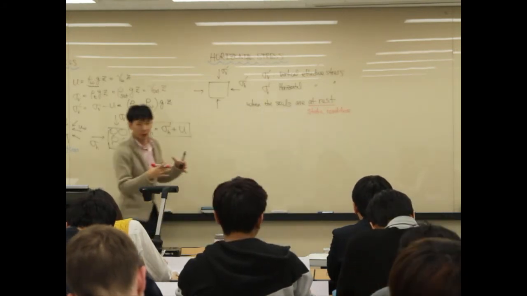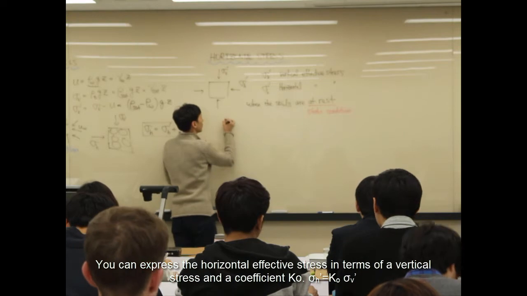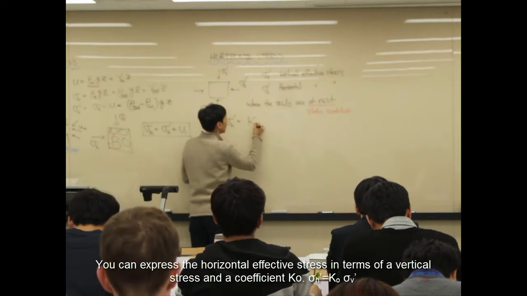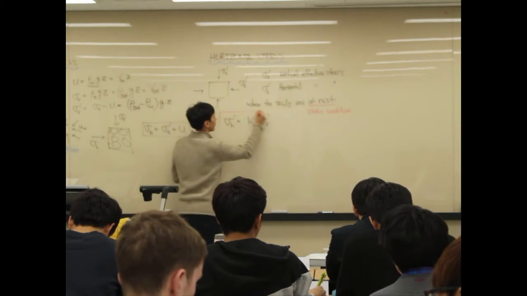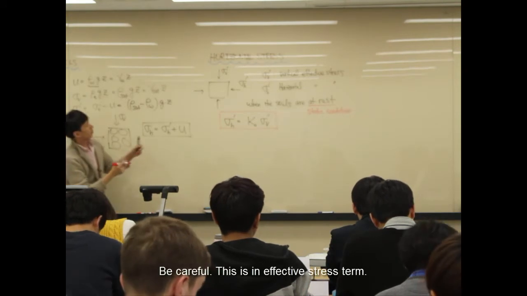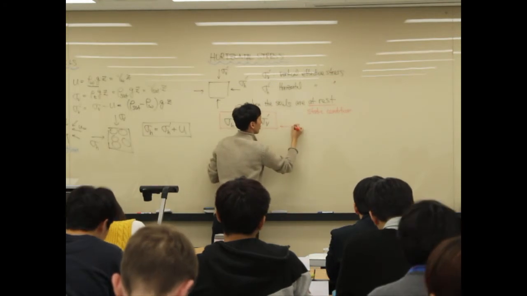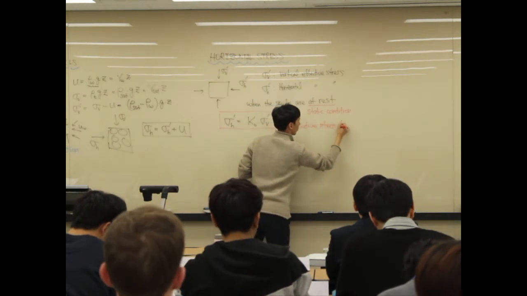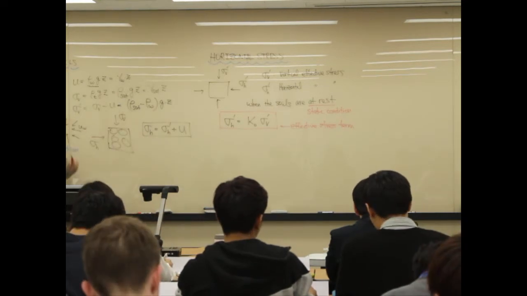In the force equilibrium state, we can express the horizontal effective stress in terms of the vertical stress and the coefficient K naught. Be careful, this is in effective stress terms. It's not the total stress term.